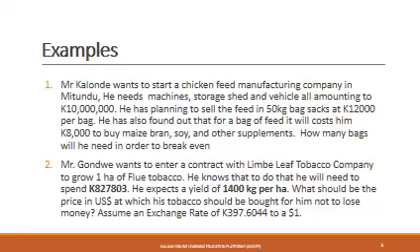So here are our examples. The first example is asking us to find the break-even point in terms of units or amounts. The other one is also asking us to find the break-even point but in terms of the price. Let us find the solution to the first question.